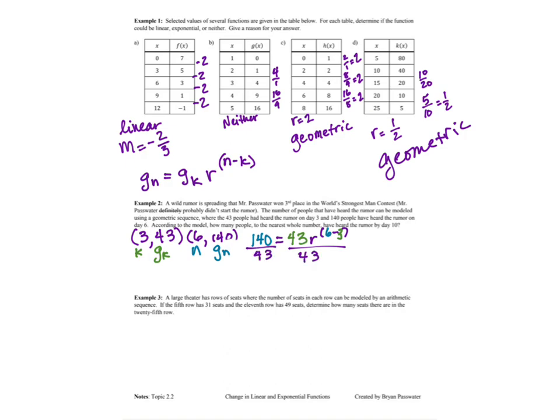So we've got r to the what? R to the third. 6 minus 3 is 3. R to the third is equal to 140 over 43. We're going to take the cubed root because it's r to the third power. If I take the cubed root, that's the same as raising it to the 1/3 power.